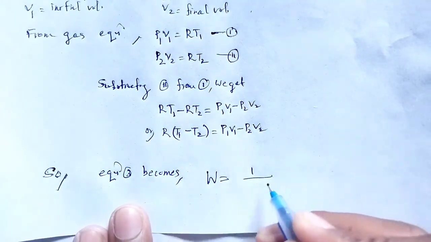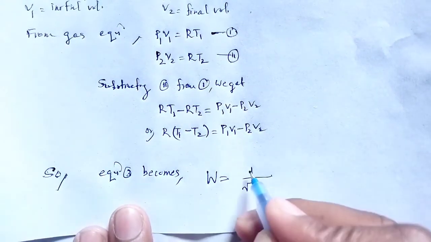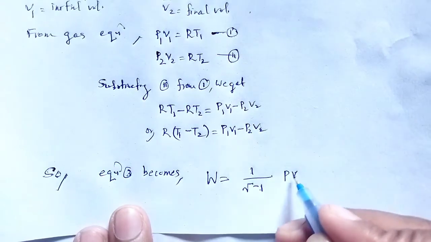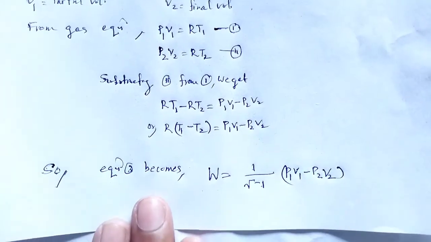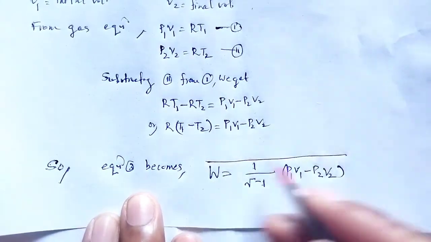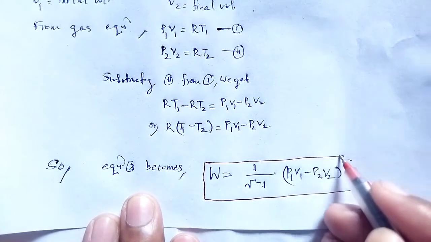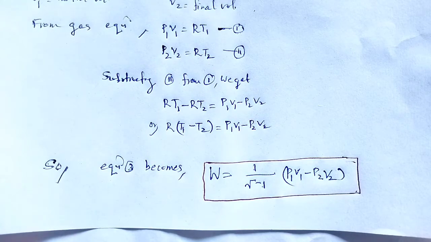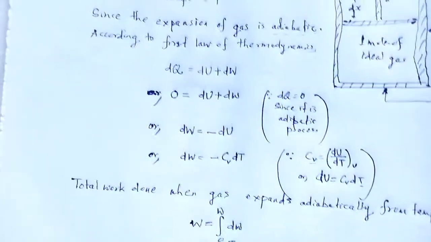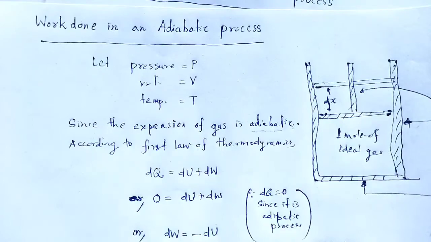So W is equal to 1 by gamma minus 1 times P1 V1 minus P2 V2. That is another expression for work done in case of an adiabatic process. Now we know the work done in an adiabatic process.